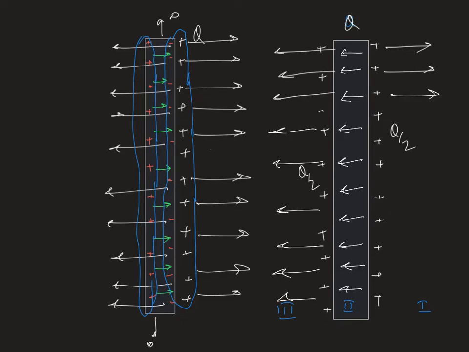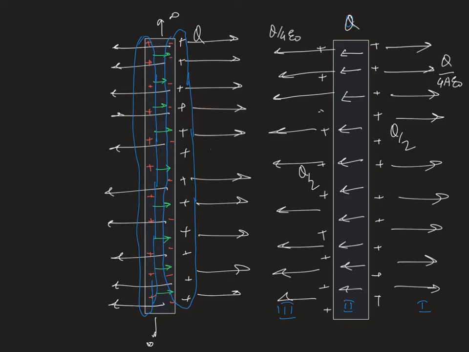And what is the value of field that is going to be? Every one of you knows, the value of field is going to be sigma by 2 epsilon naught, and this time sigma is not made up of Q. You must understand, sigma is made up of Q by 2. So it is going to be Q by 4a epsilon naught, and this side also it is going to be Q by 4a epsilon naught.